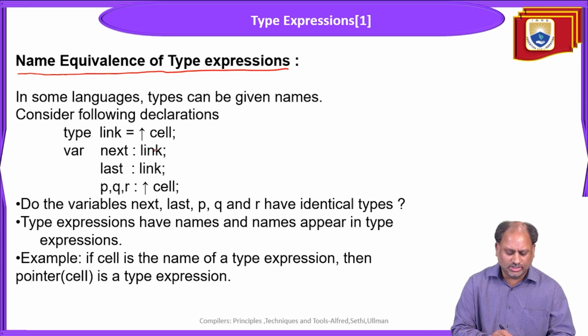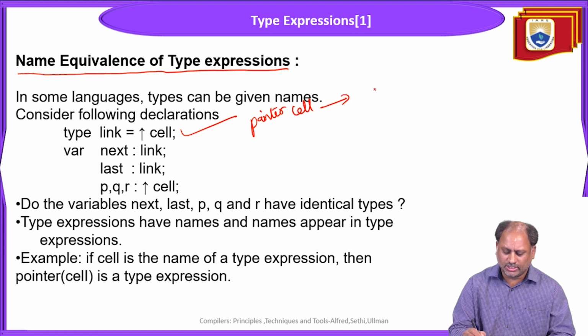Generally, we can represent some languages, such as Pascal, Fortran and other programming languages, where the types are given different names and declared with notations as per the syntax structure of the programs. Here, for example, link is a pointer to cell.